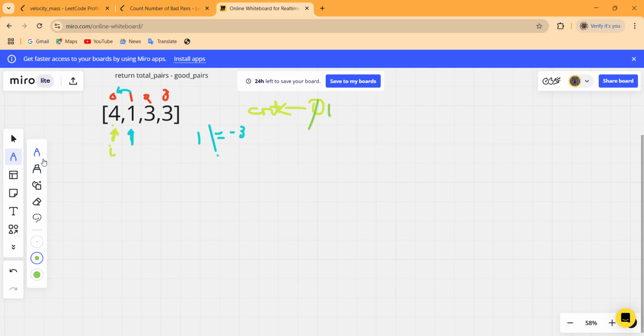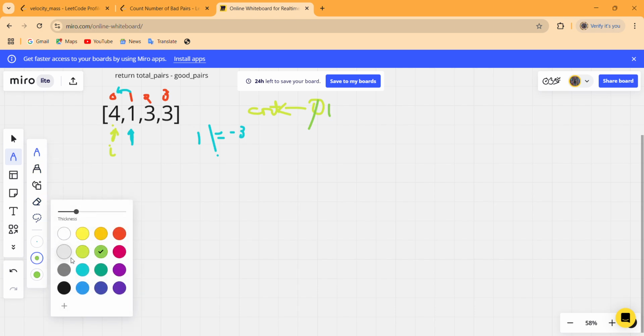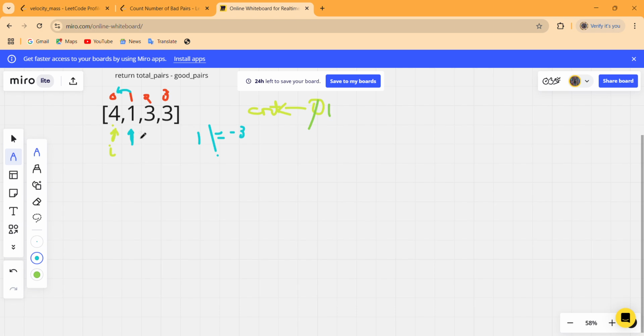Update our j, it will now point to this, and the difference is now 2 minus 0, that means 2.